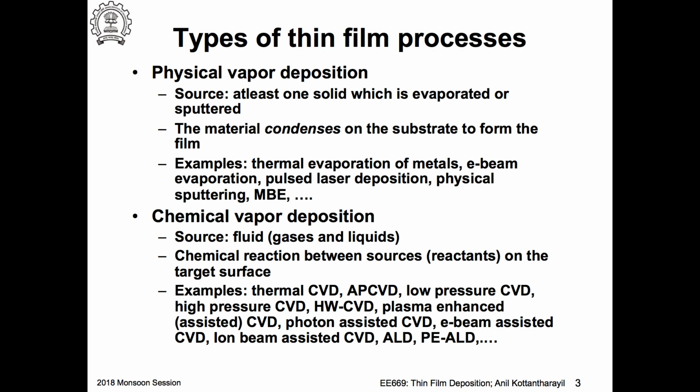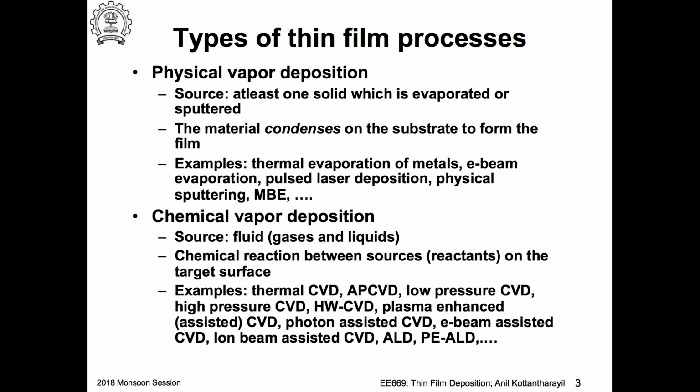Now, physical sputtering is another process, right? You are bombarding a material with high energy ions, and then you can use them in different conditions. For example, molecular beam epitaxy is a very important process, and we will see why later on.